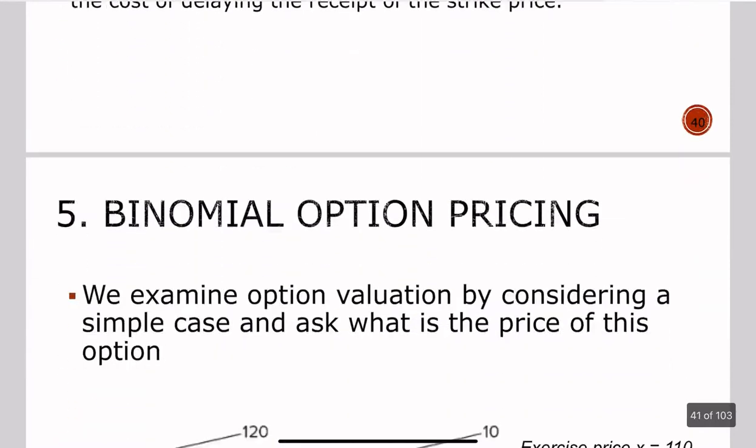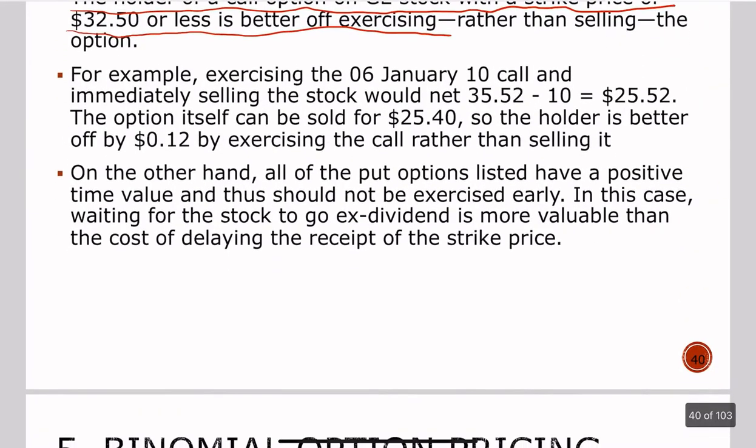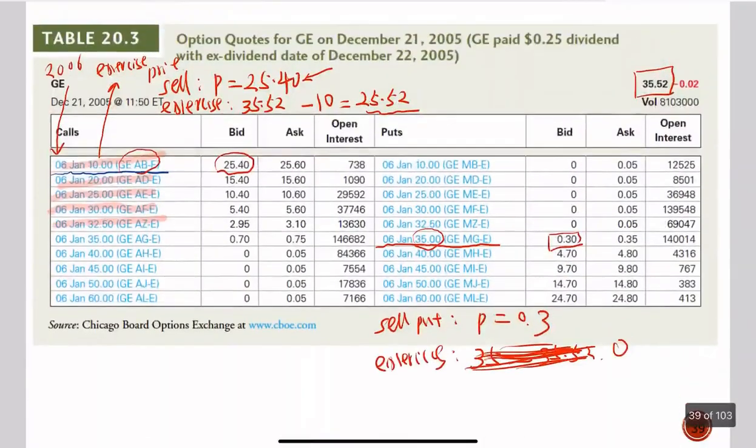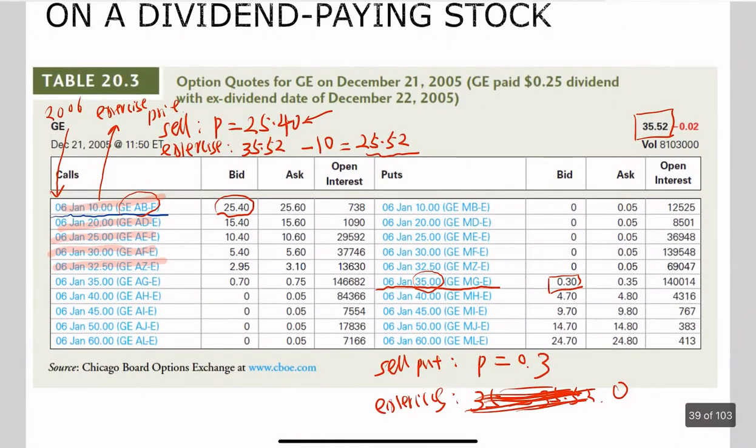What about a put? The answer says for a put, you should never exercise early. That is, for these call options marked in red, they should be exercised early. All other options, you should not exercise them early.